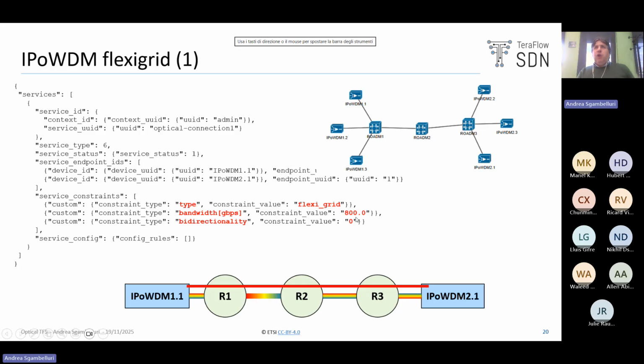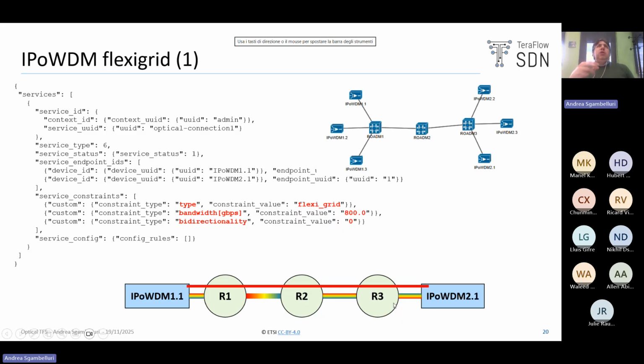We are asking for 800 gigabit of bandwidth, and we want a unidirectional connection. This was just an example in the system. Here you can see below the logical representation that we have of the TeraFlow architecture, where we have the 3 ROADMs and the 2 IP over WDM boxes at the end, with a lightpath that will be instantiated in the system.